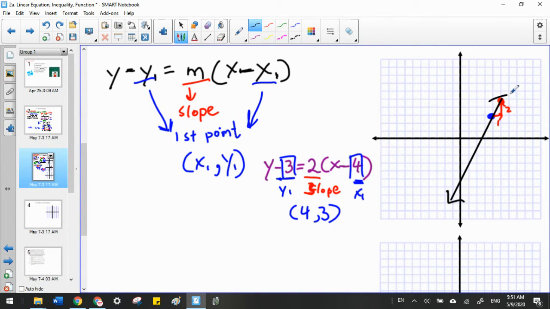And now we have the ability to graph this line based on a point-slope form. Just keep in mind that once again, you're expected to be able to do this process both ways, going from the equation to the graph, and then from the graph to the equation. And I'm going to show you the standard form next.